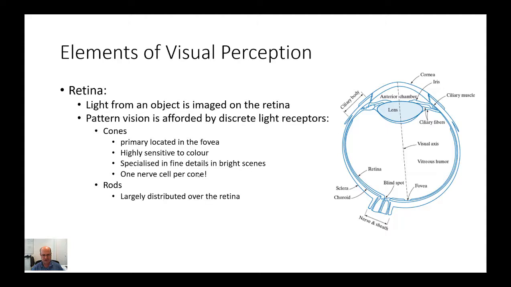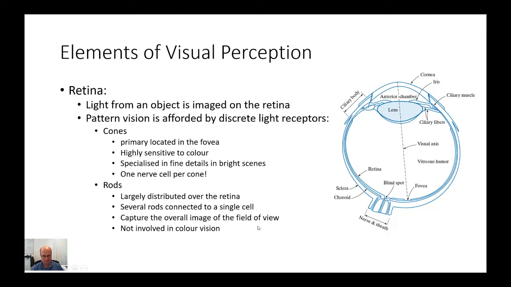Whereas the rods are largely distributed around the retina. Several rods are connected to single cells, and they capture the overall image of the field of view. They are not involved in color vision, and they are very sensitive to low levels of illumination, whereas the cones are not sensitive at all to low levels of illumination.